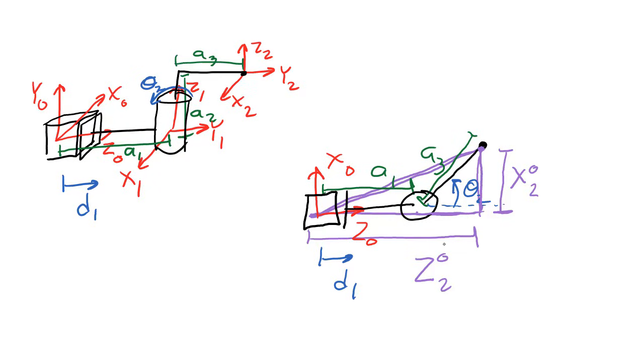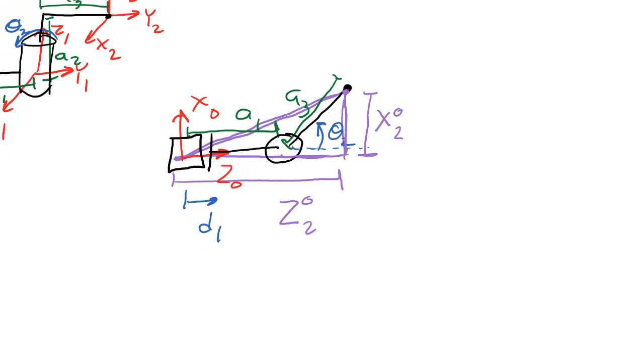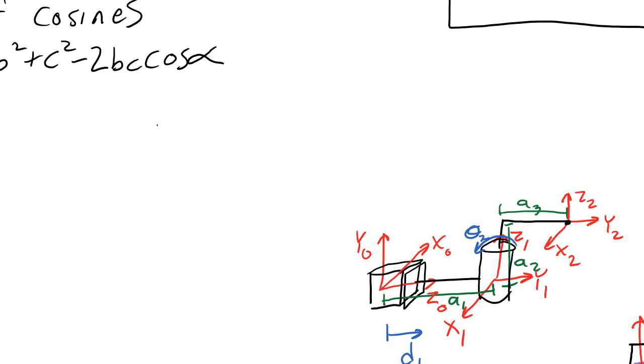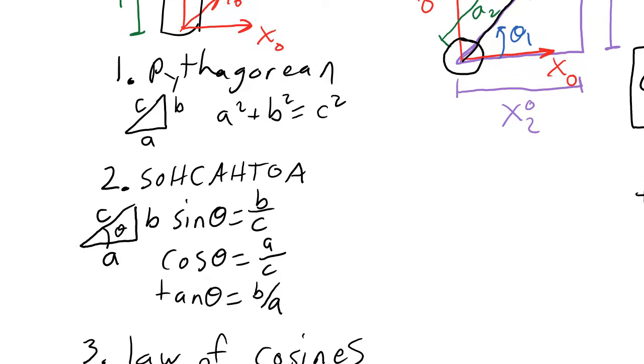Now, using this triangle and any other triangle relationships that we need to draw in, we need to find some relationships that say D1 equals something, where this something only includes things we know on the right-hand side, and we need another equation that says theta 2 equals something. Remember that we have three options at our disposal.